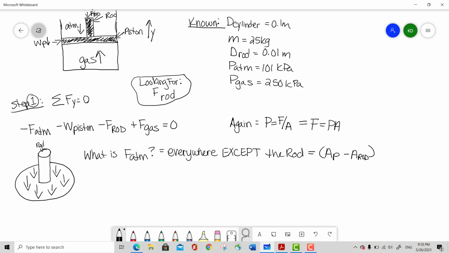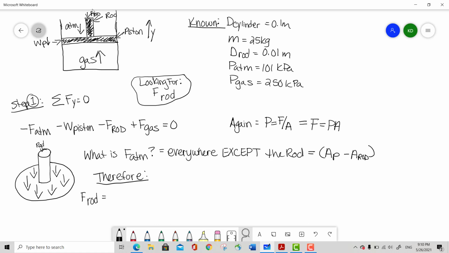And so, therefore, here's our formula. Because remember before when we took our atmospheric force and broke that down into our pressure times area, we're going to do that again, but we're going to include this because this is our area. So we have, and we're looking for F rod, so let's go ahead and isolate that to one side.